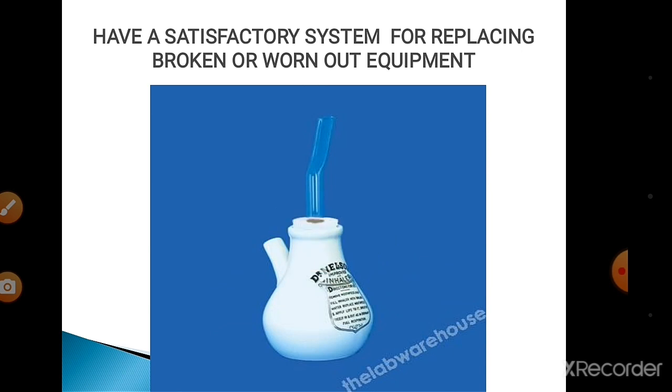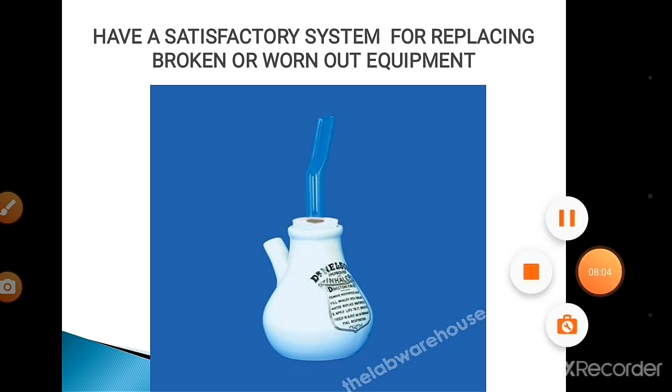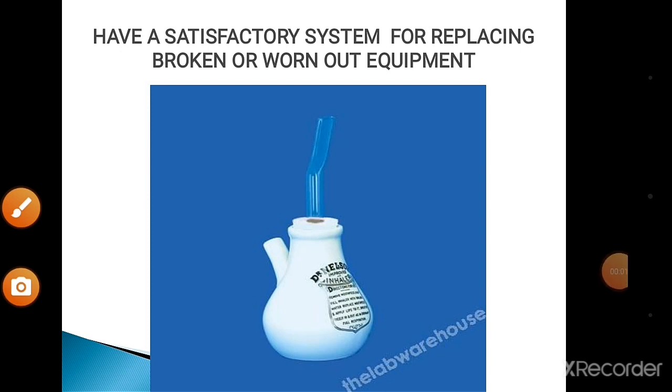Example, a broken syringe or a syringe with leakage, or a broken Nelson's inhaler, is returned to the storeroom before a new article is issued. This prevents an increase beyond the standard.